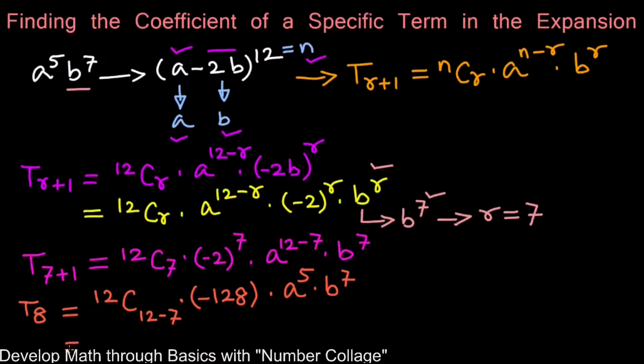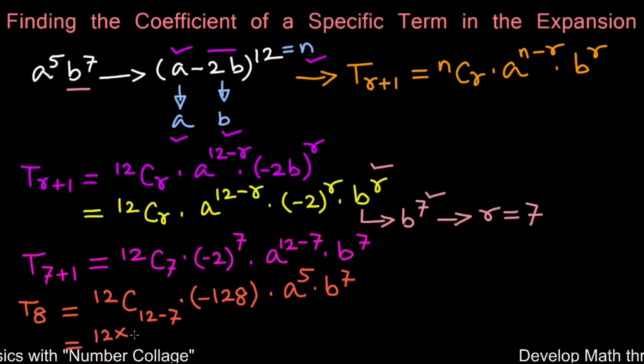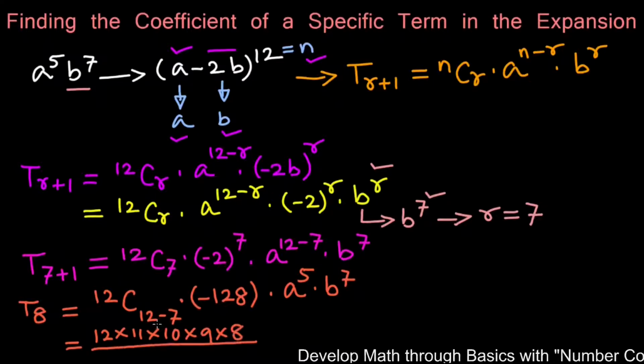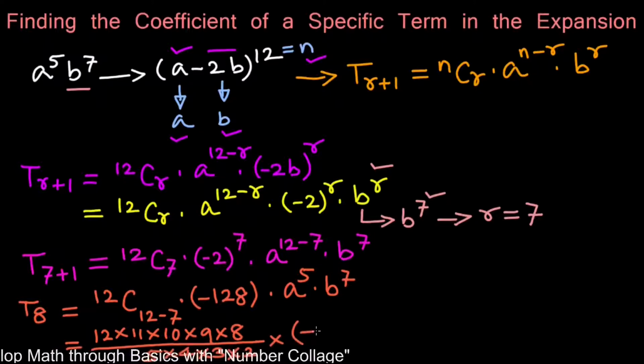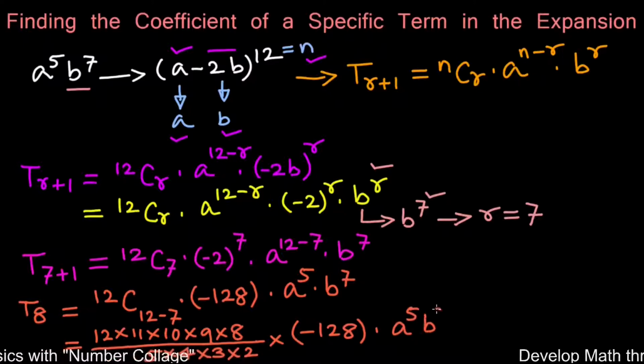Since 12 minus 7 is 5, we write 5 factors of 12 factorial, that is 12 multiplied by 11 multiplied by 10 multiplied by 9 multiplied by 8 upon 5 factorial, that is 5 multiplied by 4 multiplied by 3 multiplied by minus 128 into a raised to 5 b raised to 7.